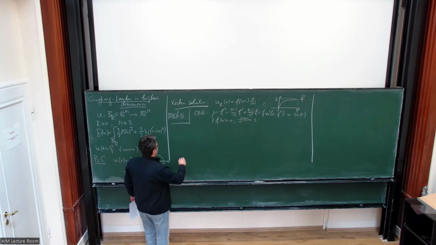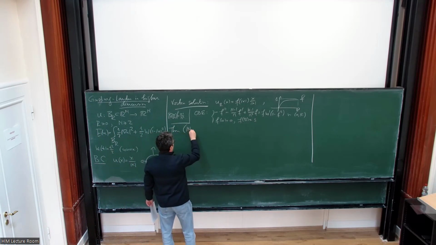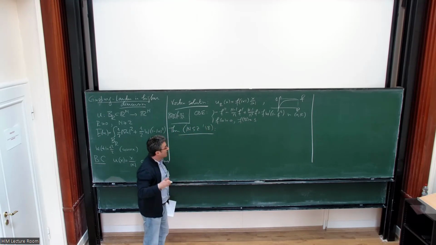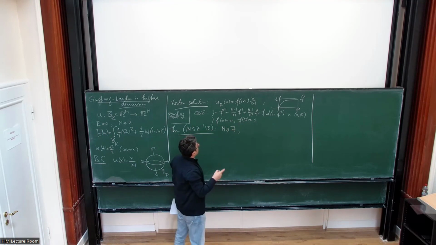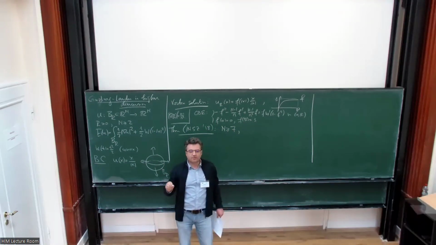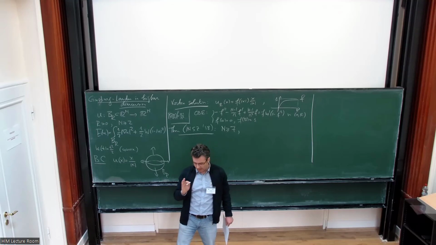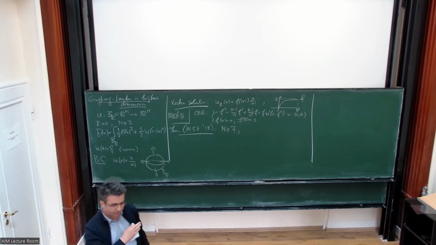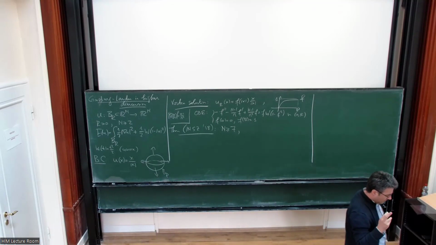So what is the result? With the boys, we proved the following. In dimension n higher than 7, this solution is the unique global minimizer for every R. Okay, to my knowledge, this is the first result that completes the full spectrum of R. You remember in 2D, the problem is still open.